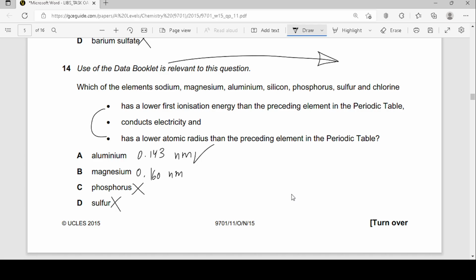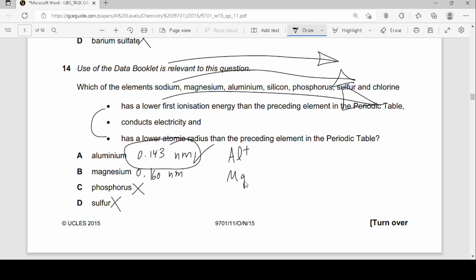That means the nuclear force of attraction on the valence electrons gets stronger as you go from left to right in the period, and so your ionization energy actually increases, right? So the lower atomic radius is for aluminium. You don't even need a data booklet for that. But then the problem comes with Al and Mg when you're considering the lower first ionization energy.